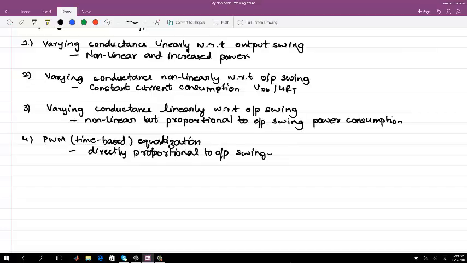The only drawback of a non-linear variation in conductance, let me just highlight this, is that it actually leads to more power consumption in the pre-driver.